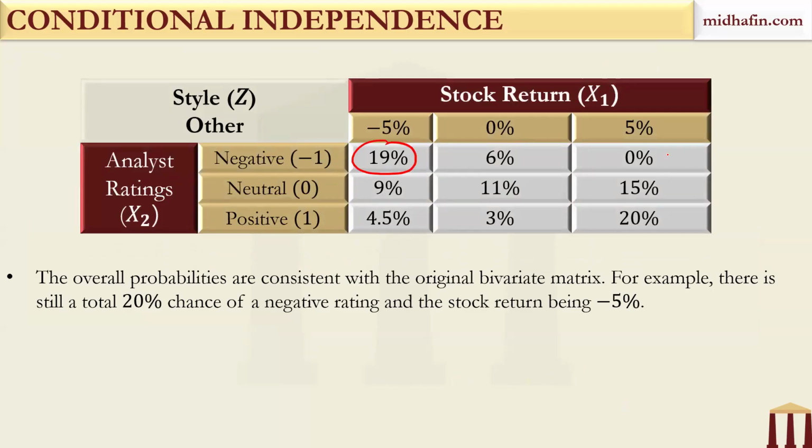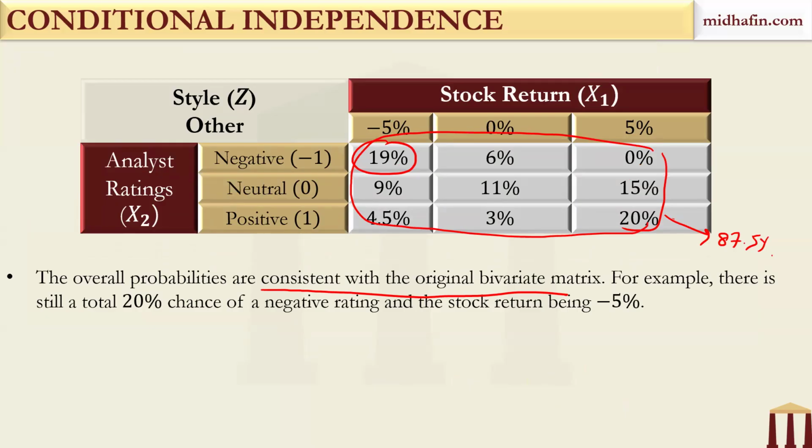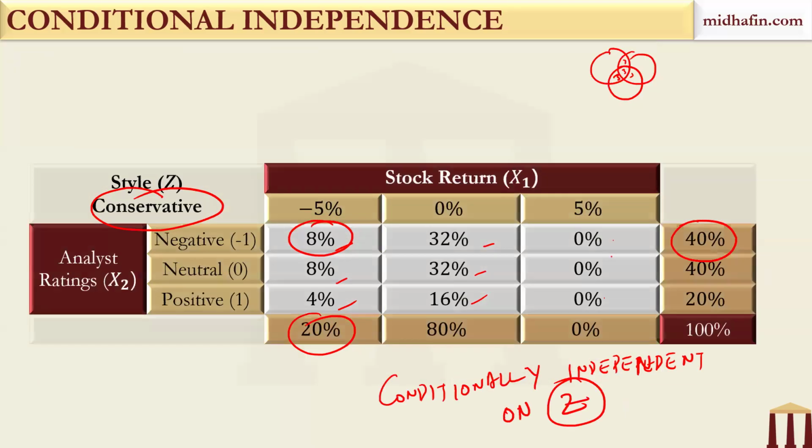So if you add all of them, you will get 87.5% together. Obviously. So that is why it is written: the overall probabilities are consistent with the original matrix. So that was the idea, but it's not very important. The main part was this only, conditionally independent. Okay. Fine. Last slide.